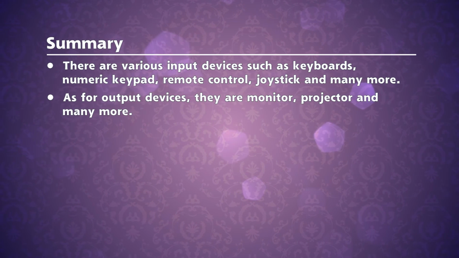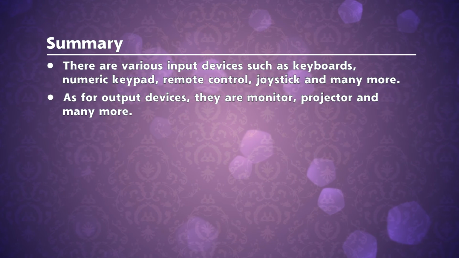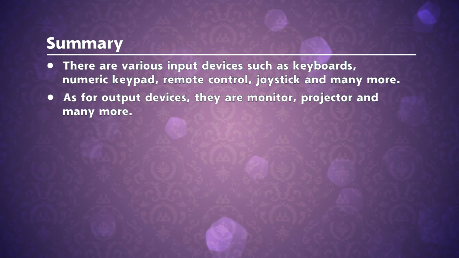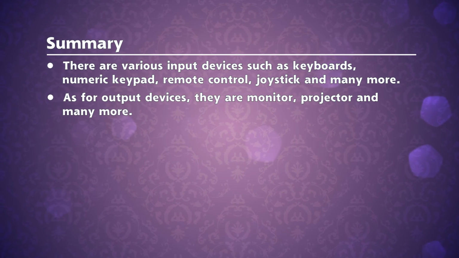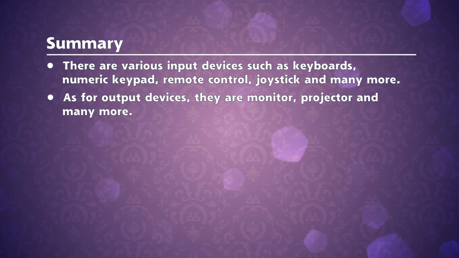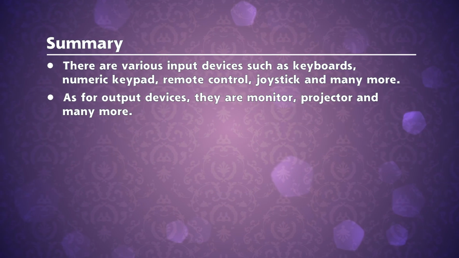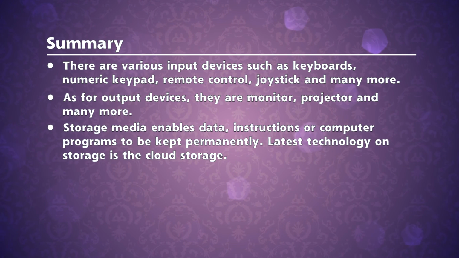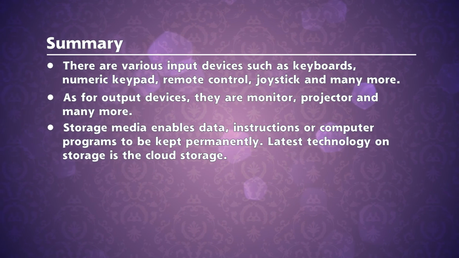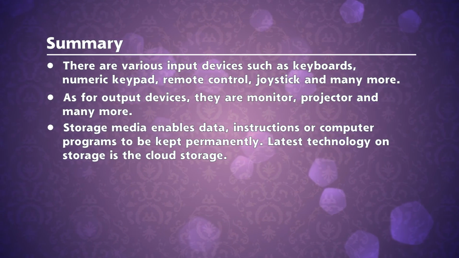For example, we developed technology for hearing impaired people. We have braille pad, and output in terms of voice through speaker. And we have also discussed storage media that enables us to store data.